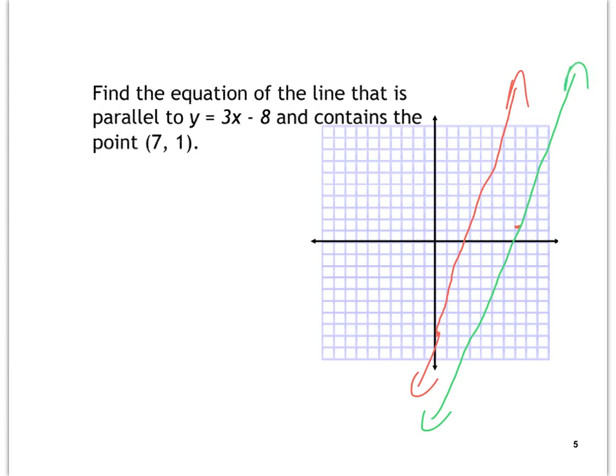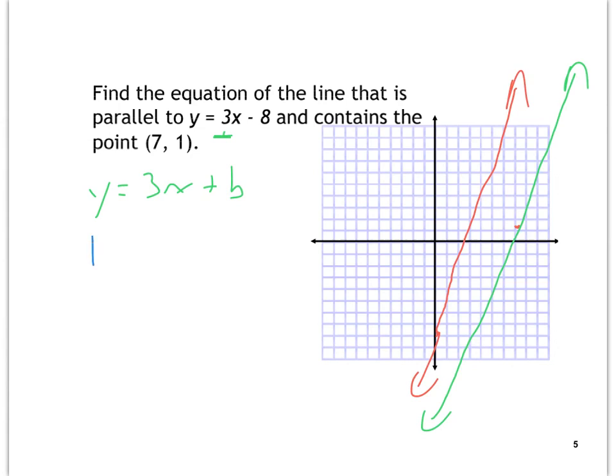Okay, so now let's do this algebraically. I don't need to subtract to get my slope. I already know that my slope is 3 because parallel lines have the same slope. So basically I'm going to have the equation y equals 3x plus b. And now I'm going to take my ordered pair and plug it in. Well, y is 1.